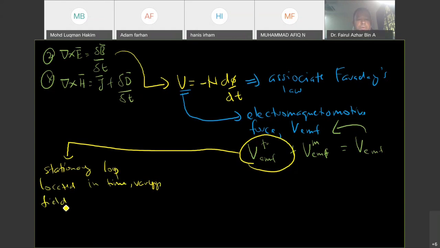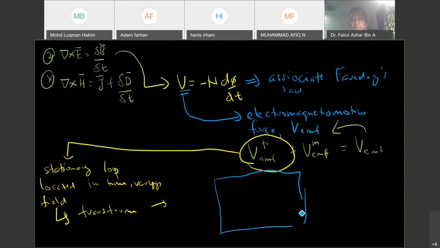Okay, so this is almost similar to what we have in a transformer. Because in the transformer, as you might have learned in a different subject previously, we have a core here. Then we have the primary winding over here, so this should be NP.